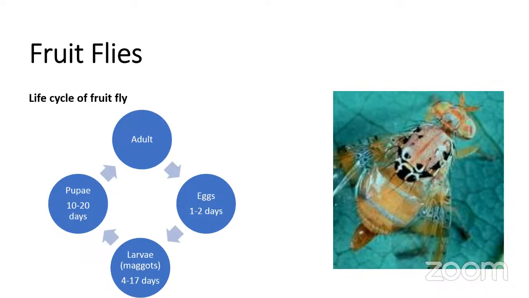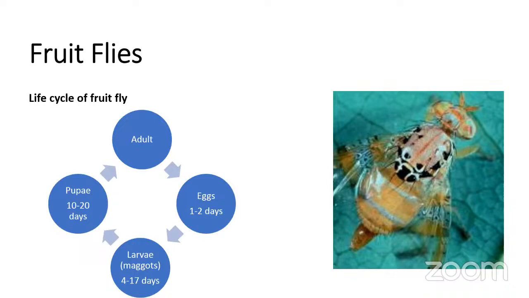And after 17 days, they will go into the next stage, which is called a pupa. At this stage, they will actually start coming out of the fruit and bury themselves under the soil. And in the soil, they bury themselves between 3 to 5 centimeters deep.